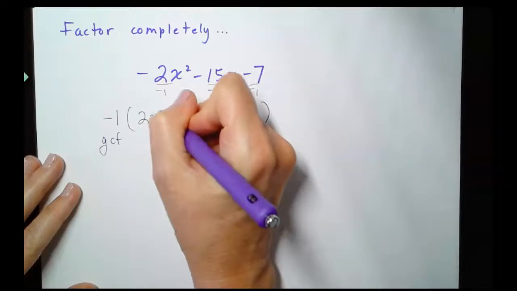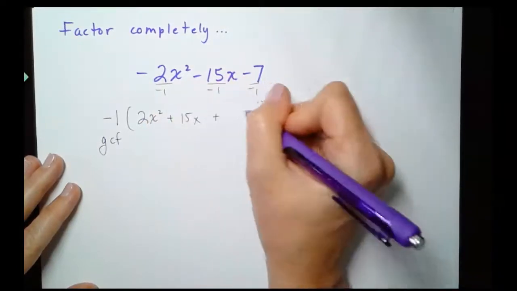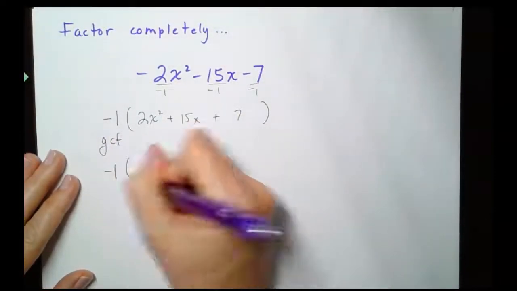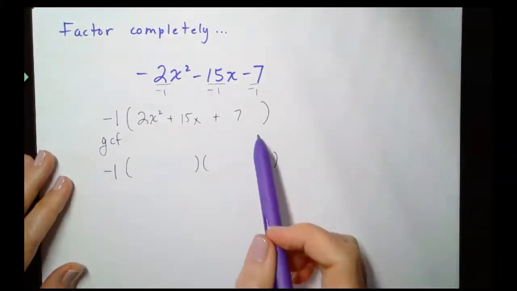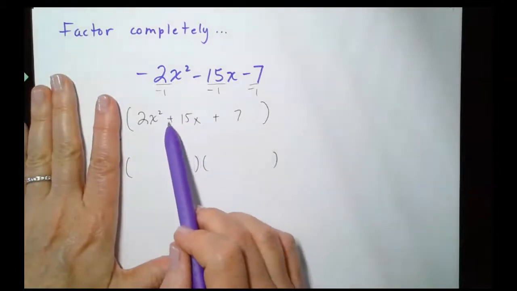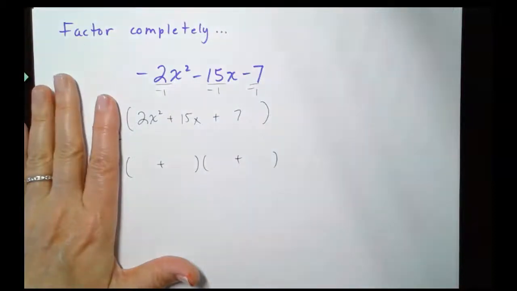So positive 2x squared plus 15x plus 7. So from here, -1 remains part of our answer. But the whole problem's about to become easier because look, if we cover up that -1, it's plus plus, which means it's plus plus in the factors.